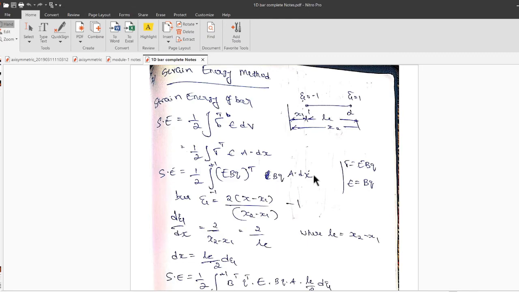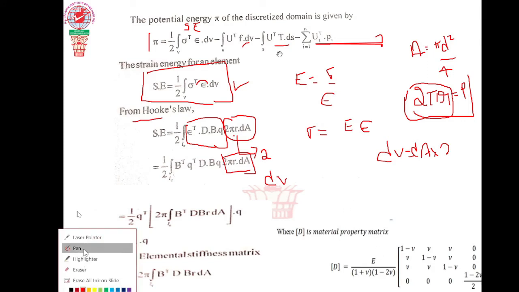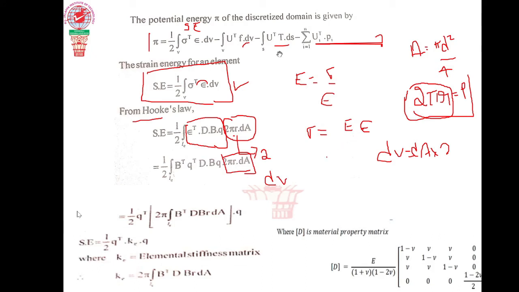Into A into dx. Same way here, what they did is substitute according to Hooke's law, sigma is equal to E into epsilon. What can I substitute epsilon as? That is B into Q. So in place of sigma transpose, they substituted E into B into Q, whole transpose.